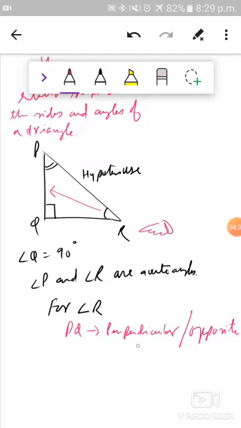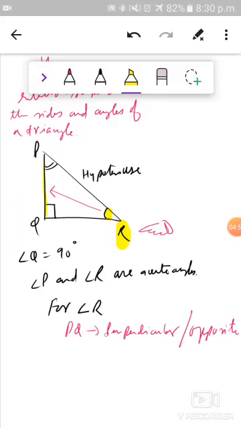Now we know hypotenuse is always the side opposite to 90 degree. Perpendicular will be the side that is opposite to the angle which we are using. So here if I say I am going to use angle R, the side opposite to angle R is PQ. So when I am taking angle R, the opposite side means perpendicular.